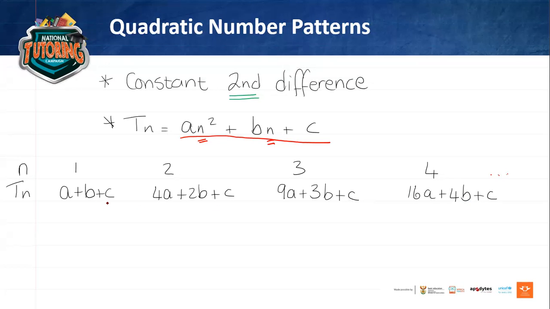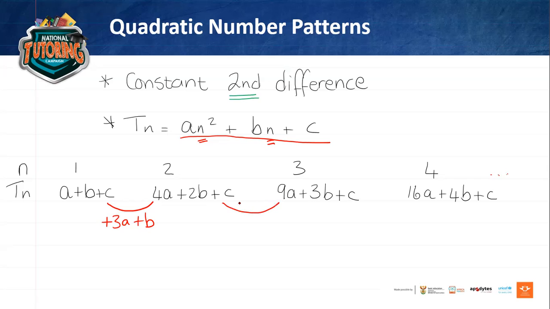So what we can see is, if I look at my first difference here, from a plus b plus c to get to 4a, I had to add 3a. To get from b to 2b, I added b, and c to c, there's no difference there.